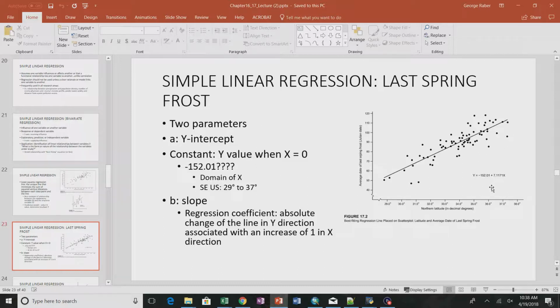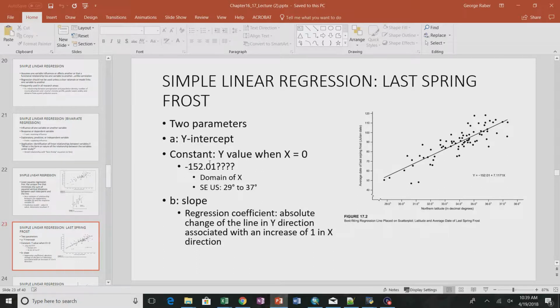We don't know all the reasons for that. Probably has to do with elevation, I would think. But as a general rule, the trend's going this way. So as a general rule, a 1 degree change in the latitude causes 7 days difference in the frost value.